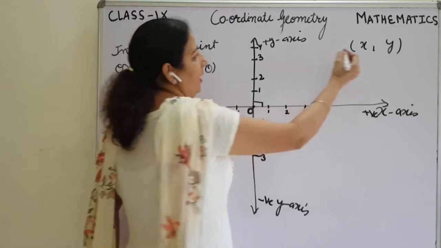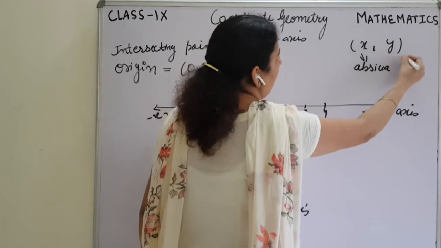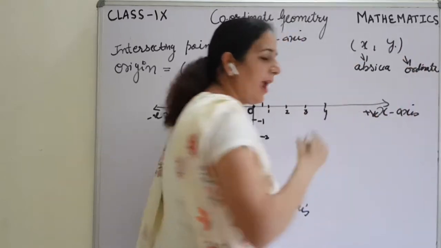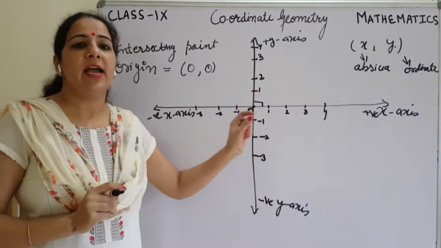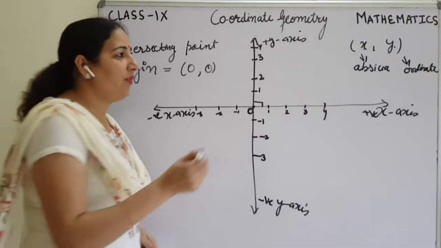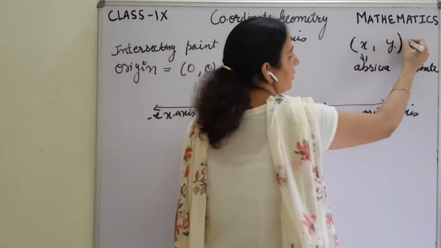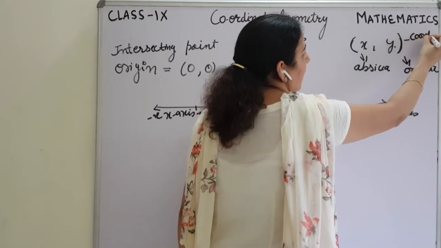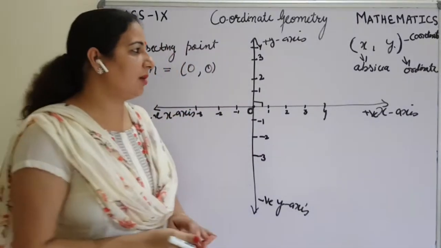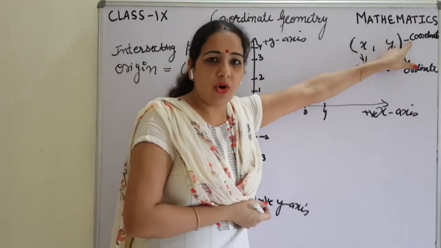y-axis. And the other name for the x-coordinate is abscissa, and the other name of the y-coordinate is ordinate. When we take these two points together, this is known as the coordinate.